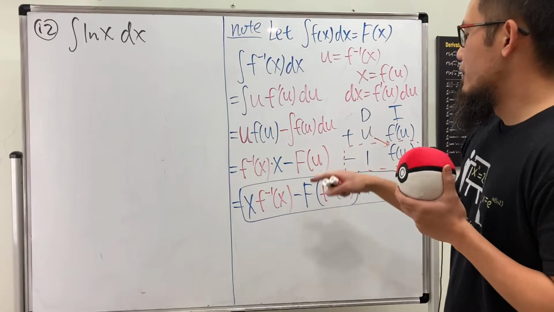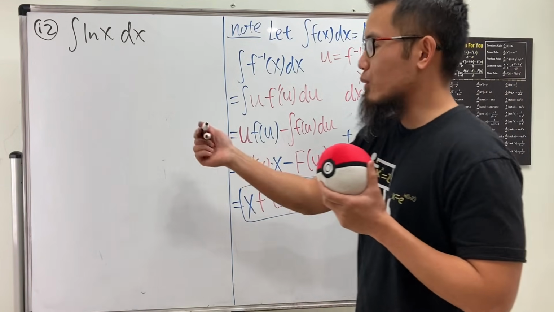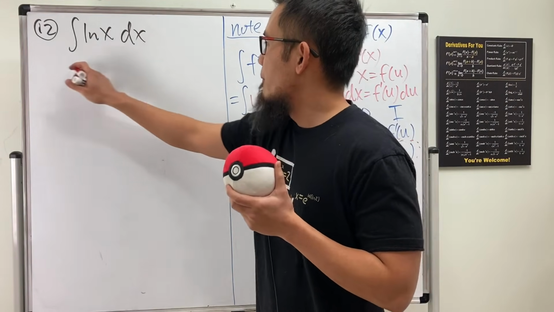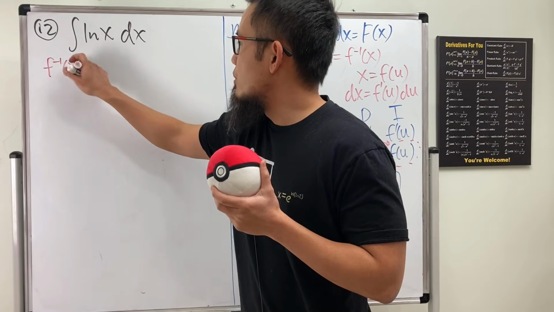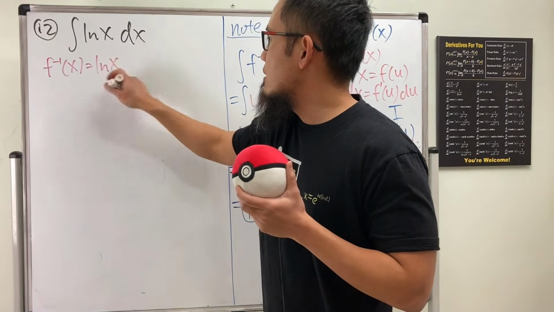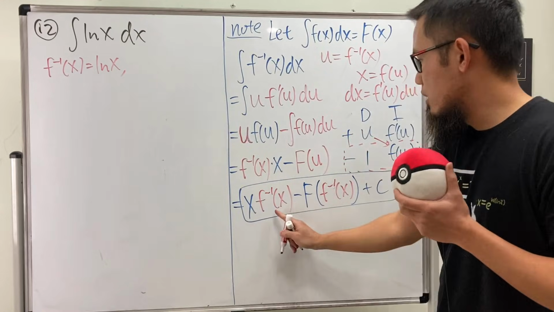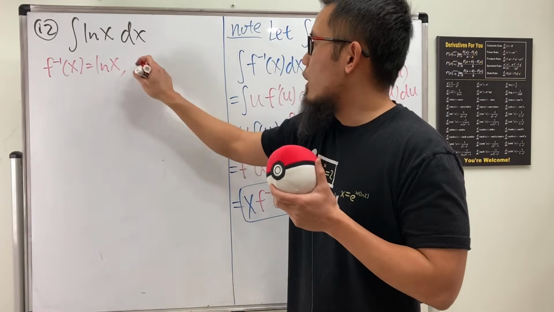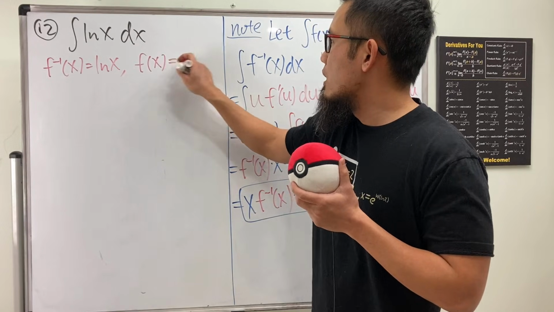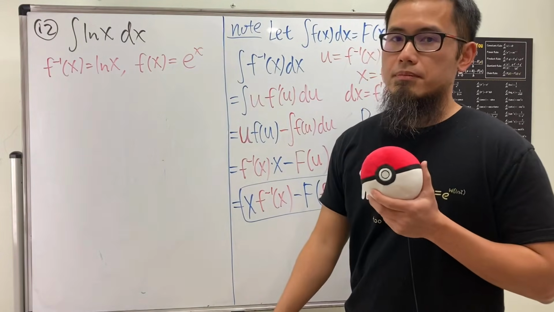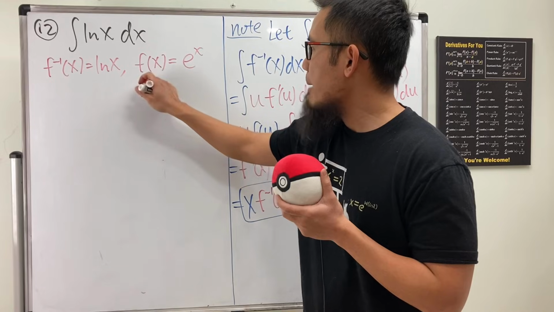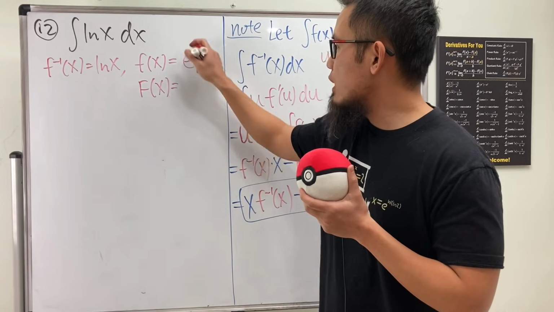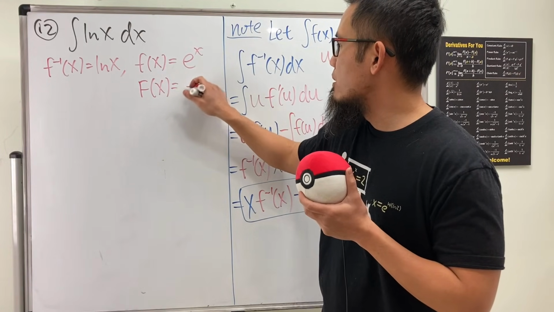All right, how can we utilize this to integrate ln x? First thing first, I'm just going to denote for you guys. Here, our inverse function is precisely ln x, right? That's our inverse function. We know the original will be e to the x. And then we know capital F of x, which is just the integral of that, is going to be still e to the x.